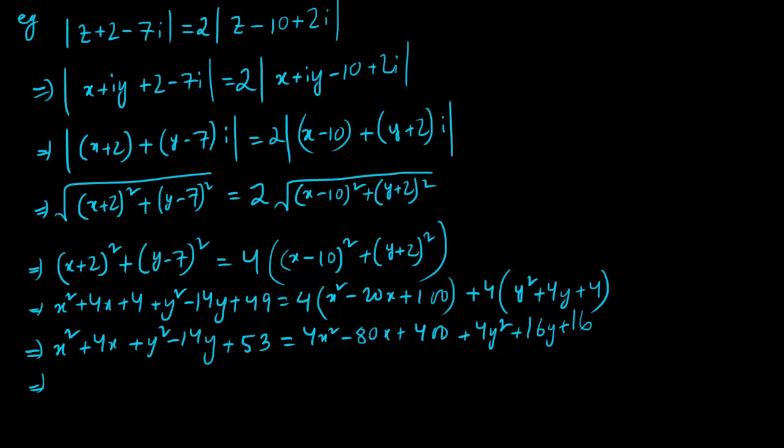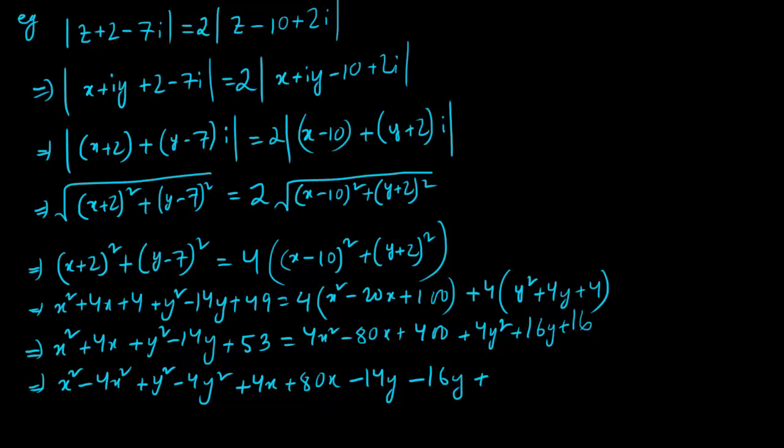So if we bring all the x squared and y squared together and simplify, this turns out to be x squared minus 4x squared plus y squared minus 4y squared, then plus 4x plus 80x, then minus 14y minus 16y, then plus 53. Now 400 plus 16 is 416, so minus 416 equals 0.